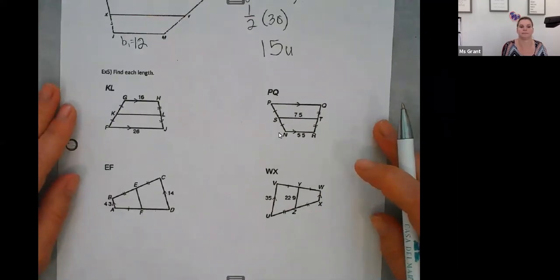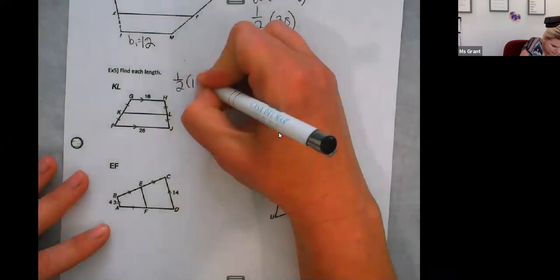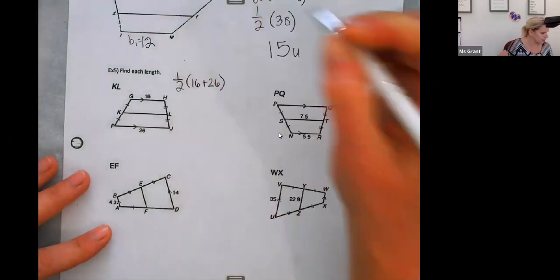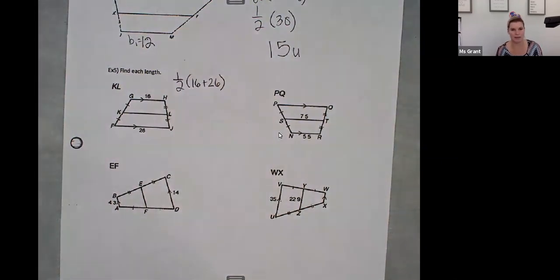KL. Base 1 plus base 2. 16 plus 26. Do it on your own. Don't just sit and wait for other people to do the problem and then you copy the answer. Not cool. Lazy. Don't be that person. Do the work yourself.